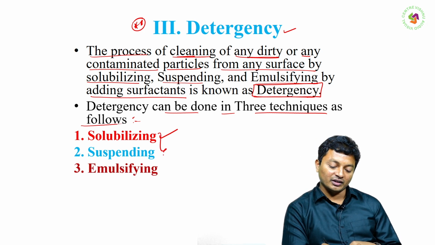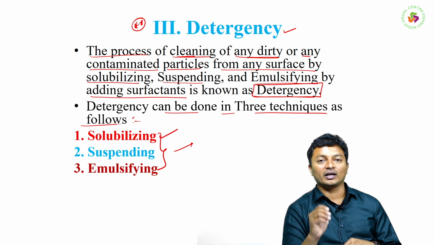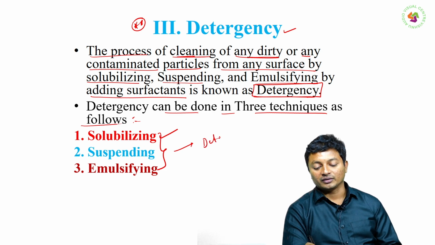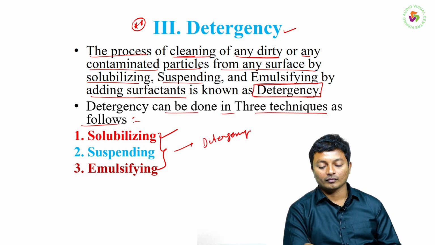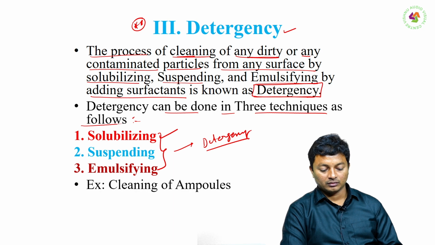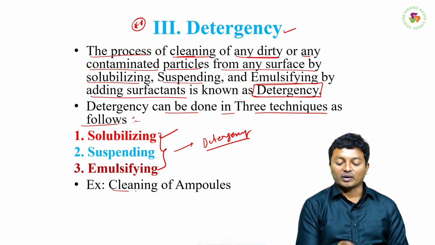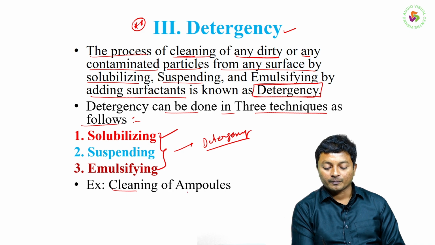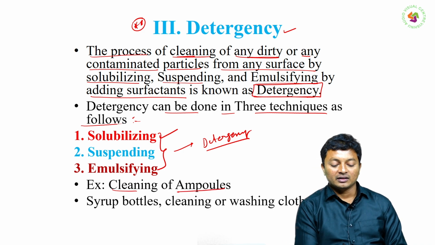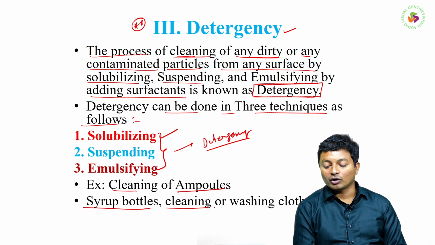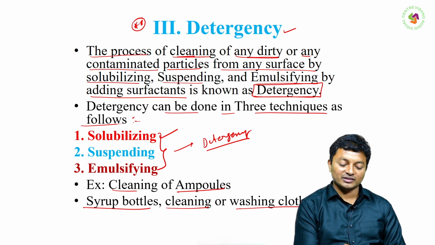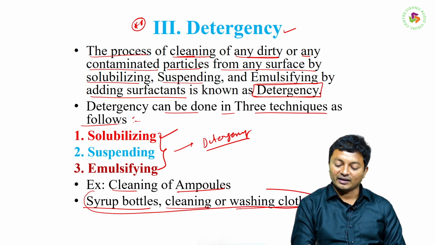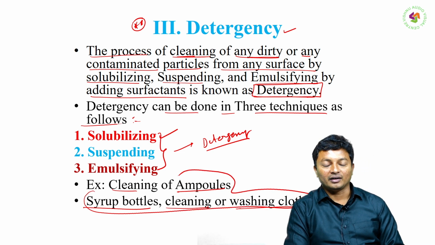These three steps help to get an ideal detergency. Examples in the pharmaceutical industries: we need to clean the ampoules and syrup bottles, and washing of clothes. These can be considered examples of the detergency process.